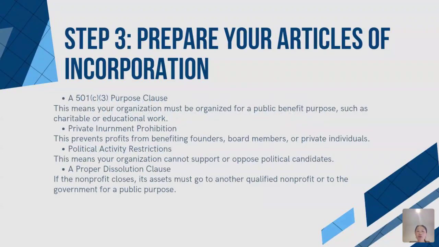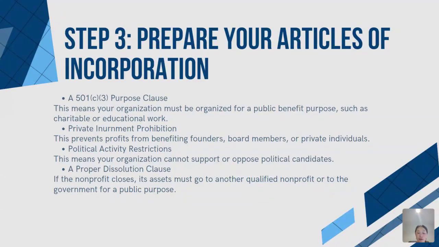And if you are planning to apply for tax-exempt status later, on top of what I just mentioned on the previous slide, you will also need a 501(c)(3) purpose clause. This means your organization must be organized for a public benefit purpose, such as charitable or educational work. You also need a private inurement prohibition.